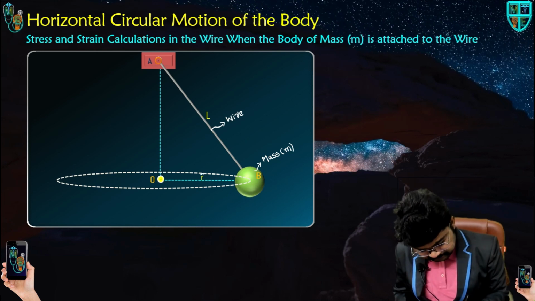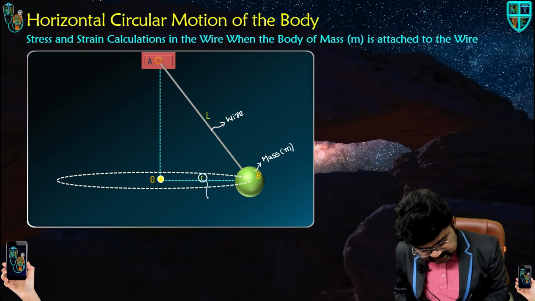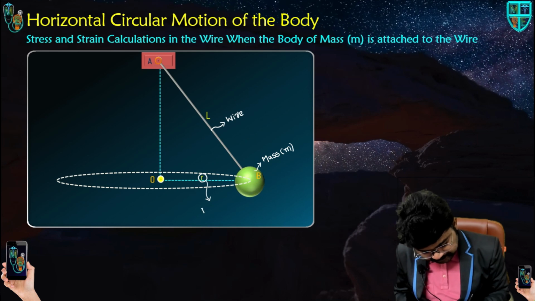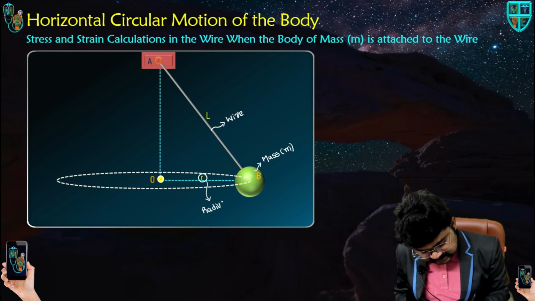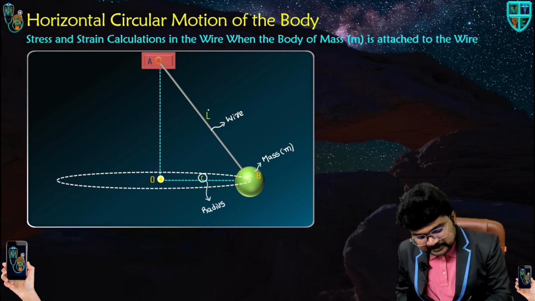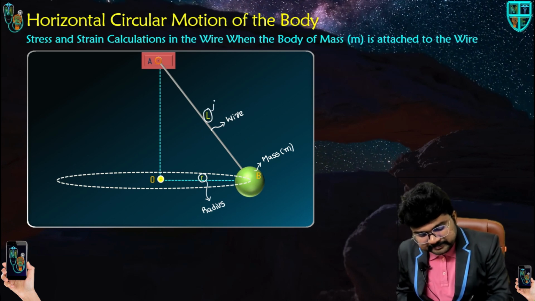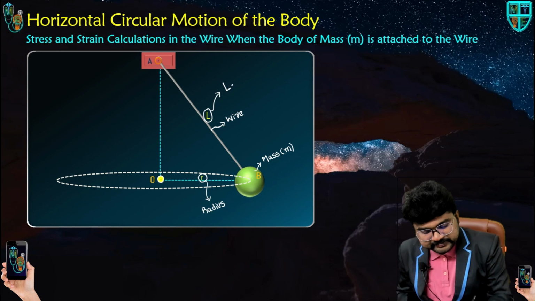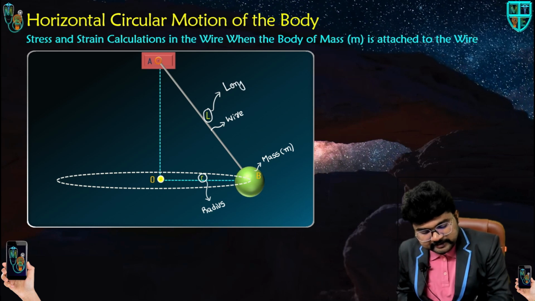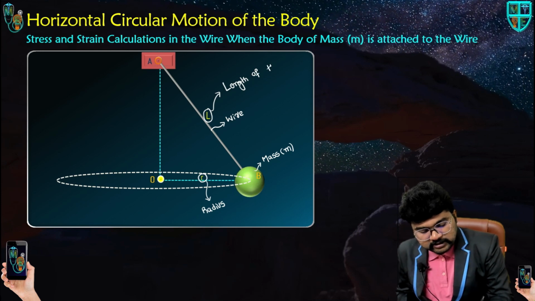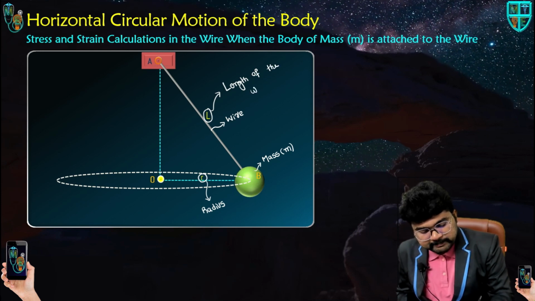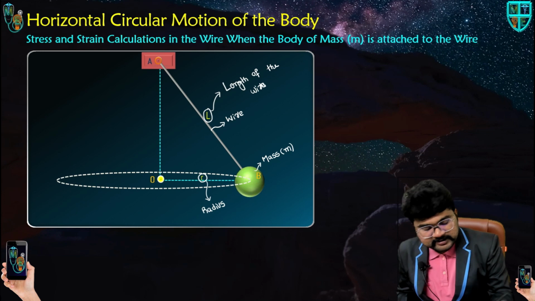R is the radius of circular motion. L is the length of the wire.